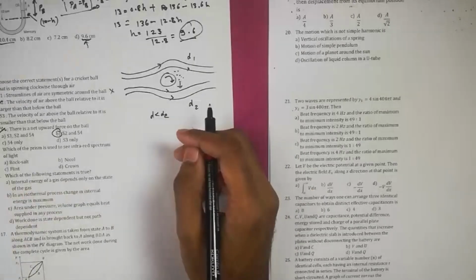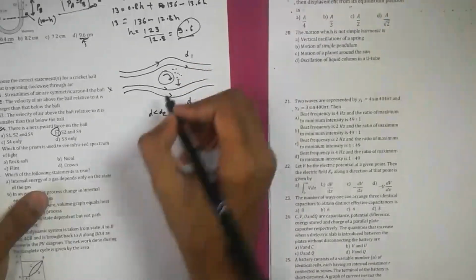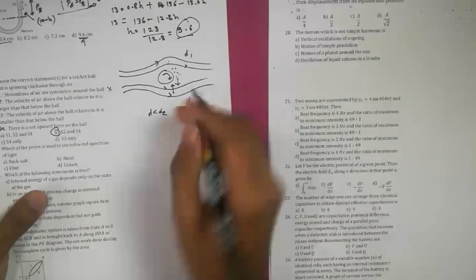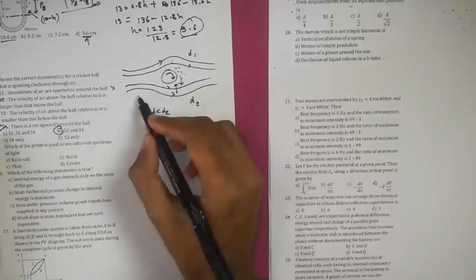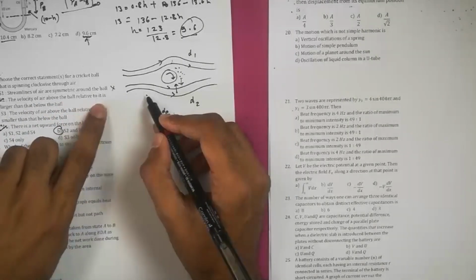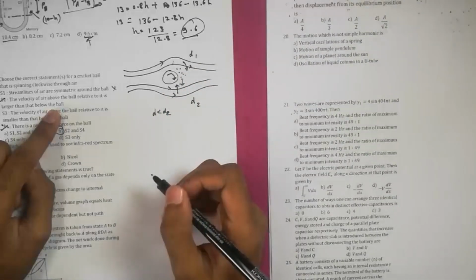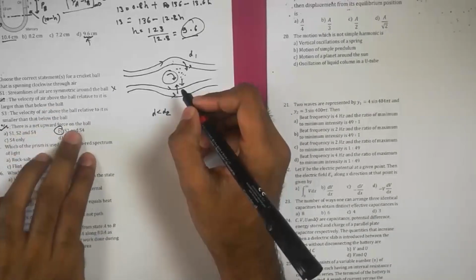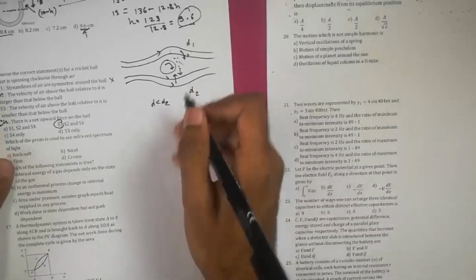We also know that more pressure means more velocity. So the velocity of air above the ball relative to it is larger than that below the ball, because most of the air wants to go down due to low pressure. Now there is a net upward force on the ball, because the pressure difference is created, as well as the velocity is different, because of which you will have a net upward force which will push the ball up. So option B, S2 and S4.